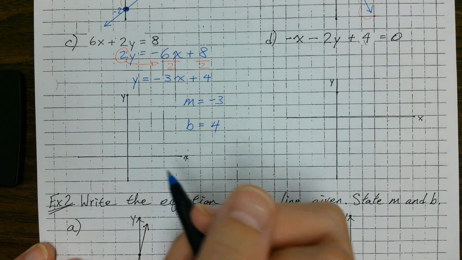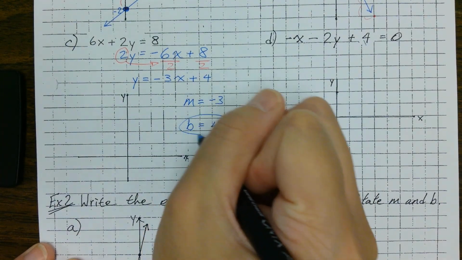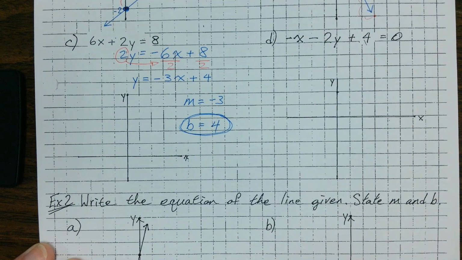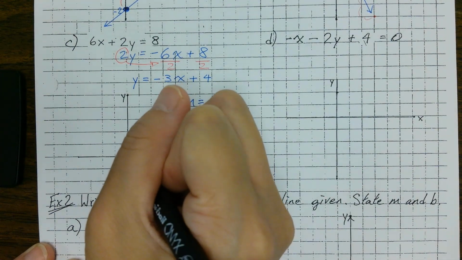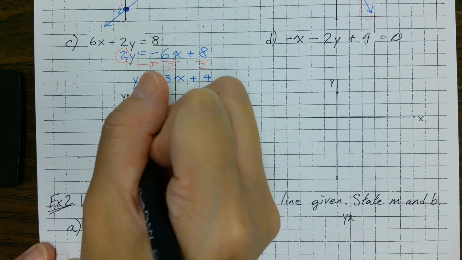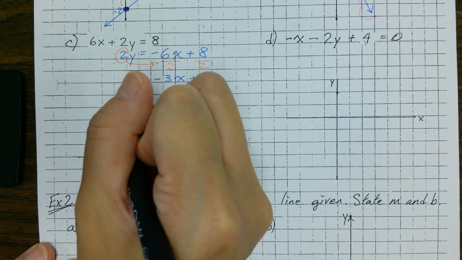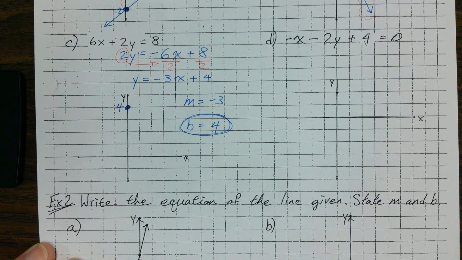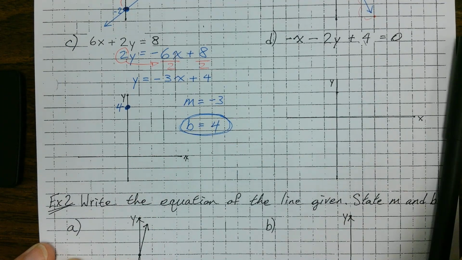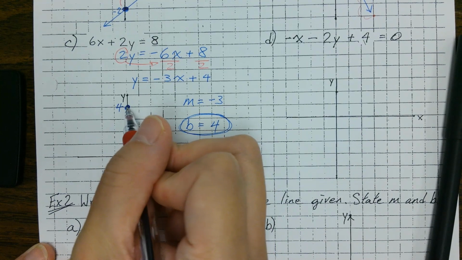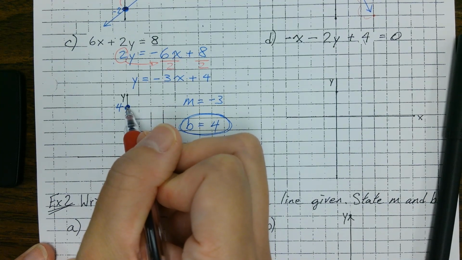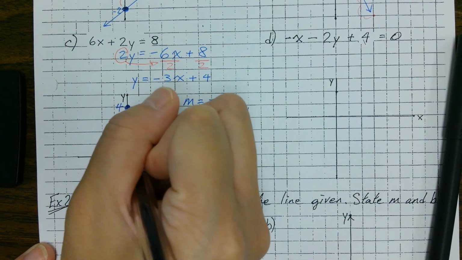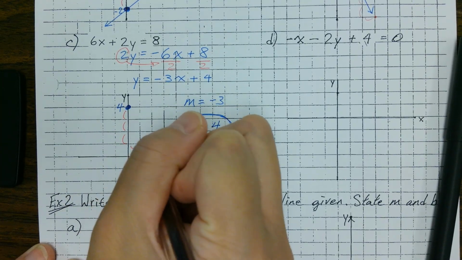Okay. So again, graph this first, which is my 4 on my y. 1, 2, 3, 4. So this is the y-intercept, and then from that point, I'm going to go. What do I do from this point? Down 3 over 1.